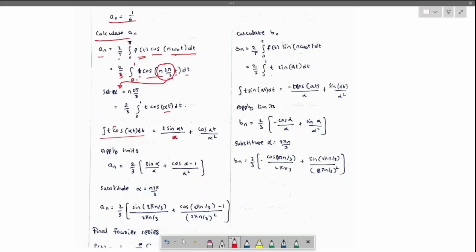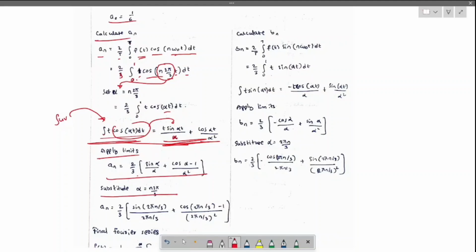First you need to do this, t sin alpha t by alpha plus cos alpha t by alpha square, by integration of uv, right? So apply it here, and you will get this. Apply the limits, 0 to 1 only. Substitute alpha as n 2 pi by 3, and you will get an like this.